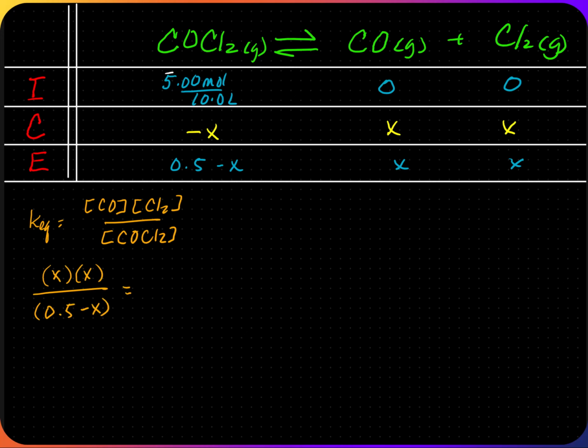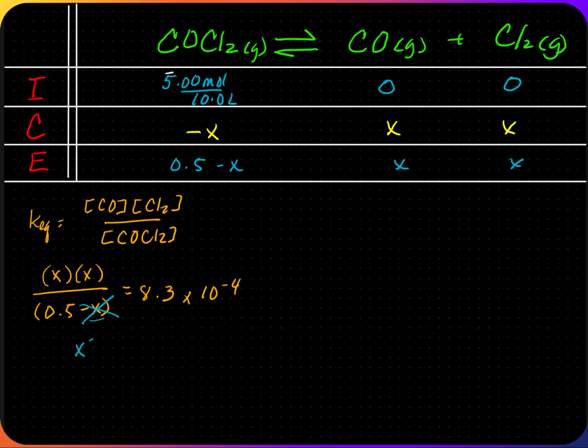This is equal to the given equilibrium constant, which is 8.3 times 10 to the negative fourth. We're going to apply the 5% rule, which means the value of x is so small that when I subtract it from 0.5, it's going to equal 0.5. So this is going to approach 0, so we can ignore it.